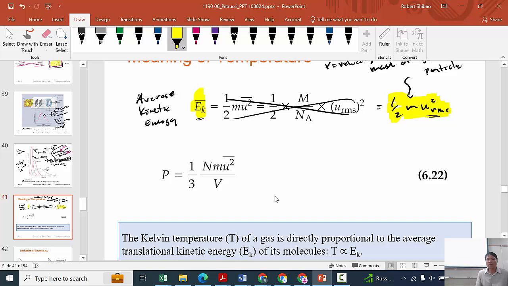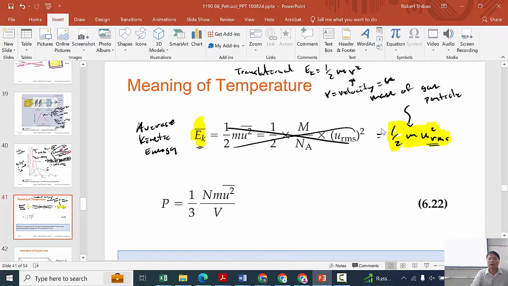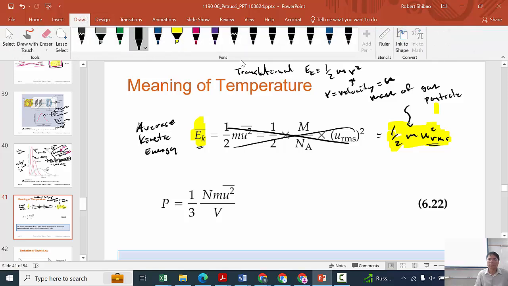If we want the mass, this is the mass of a gas particle in kilograms. So the units would be kilograms here. Let's figure out the E bar K for oxygen at 273 Kelvin. The mass of oxygen is 32 grams per mole.